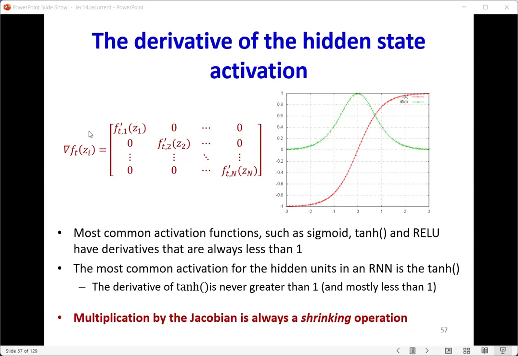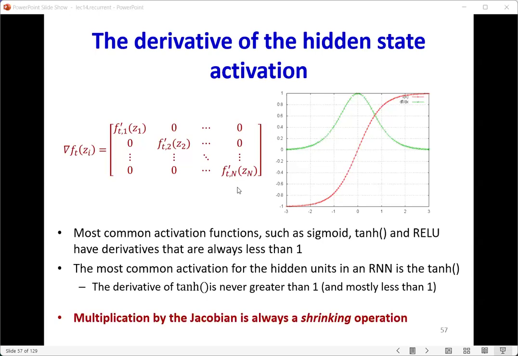What happens to a vector if you multiply it by a diagonal matrix where the diagonal entries are 1 or less? Can anyone tell me?